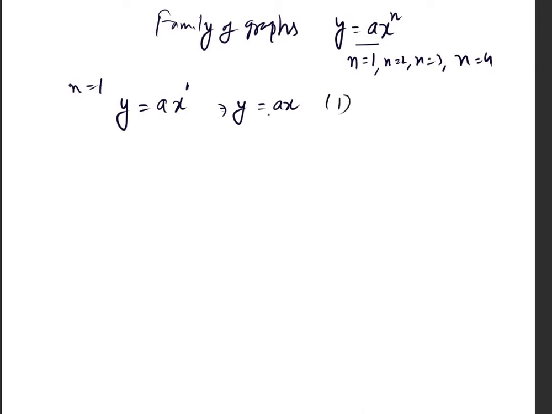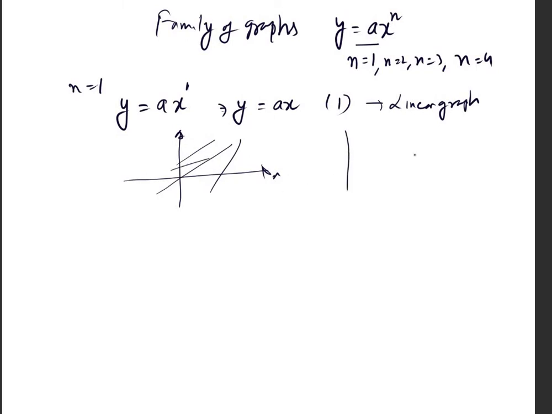So when the degree of the equation is 1, the graph is a linear graph or a straight line. So if I draw on x and y, I get a straight line. Any straight line. And I can get a different type of straight line as well.